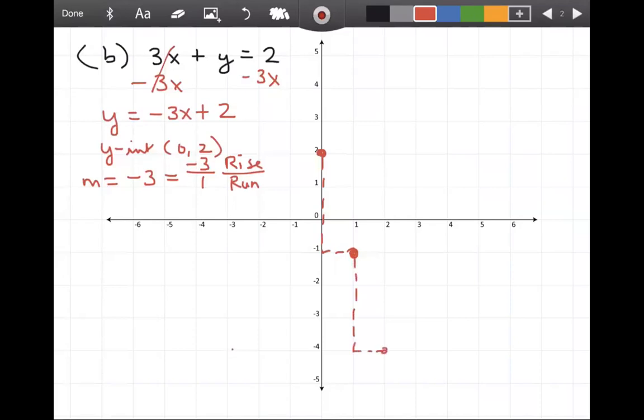Run 1. So the graph of this line looks something like this. I think that might be my best one yet. That's the idea behind graphing using slope-intercept form.